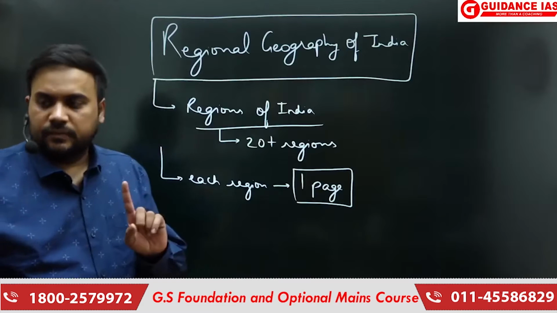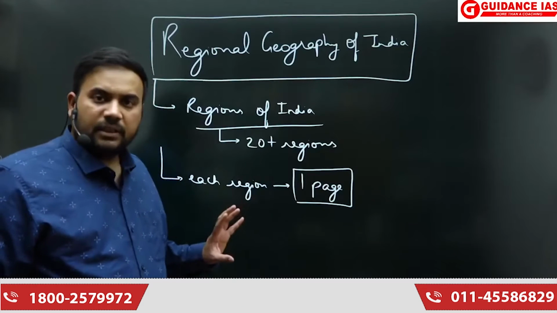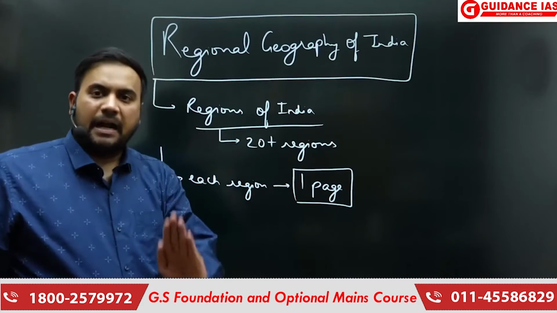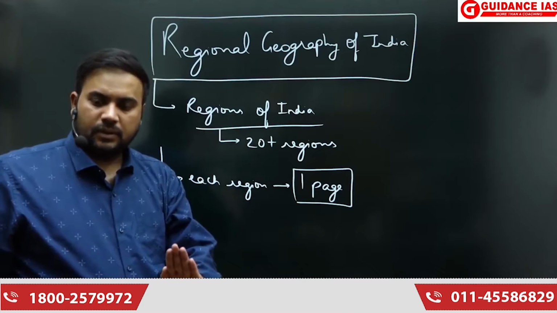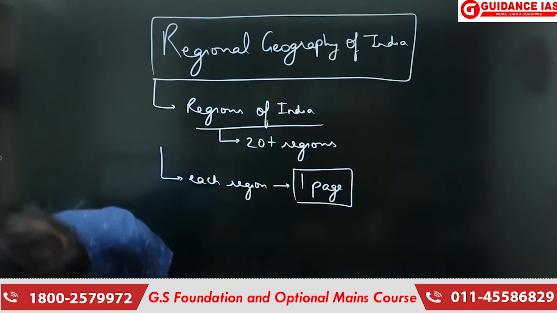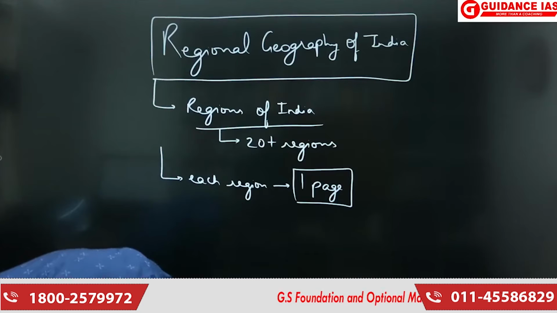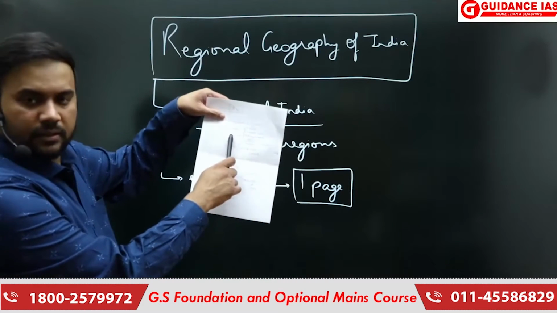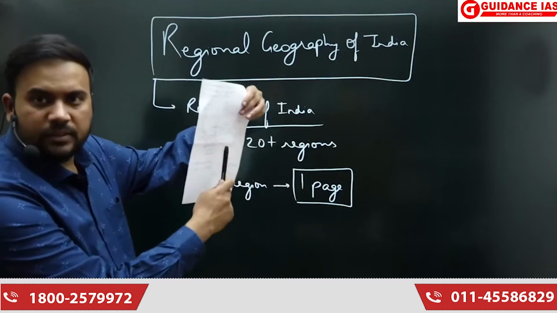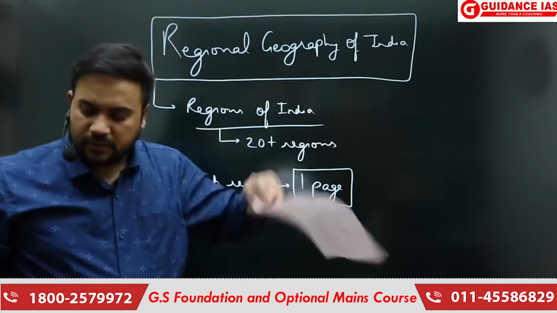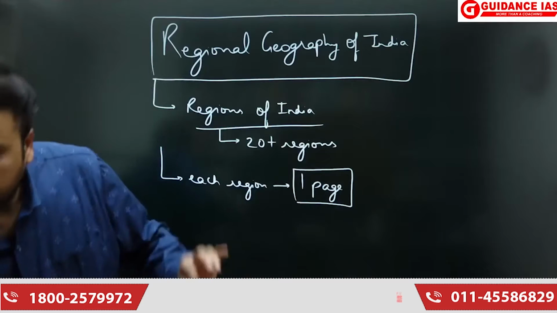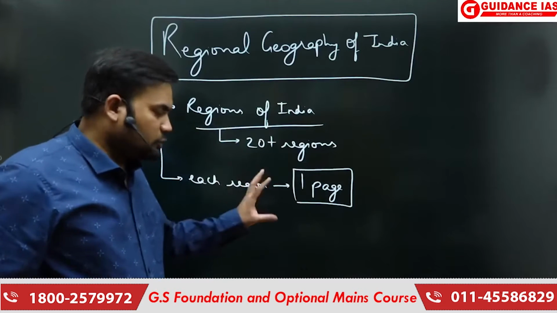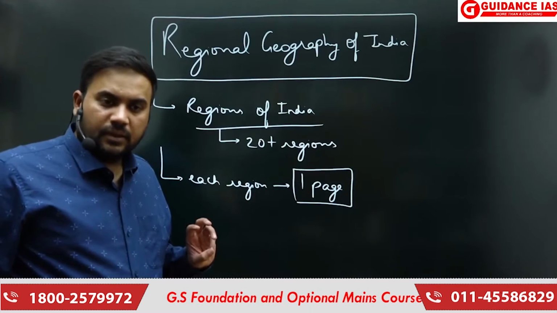And what does one page mean? Front and back. So if I say this is one page, front and the back of this page is one region. So as many regions as there are, that many pages are ready for us.